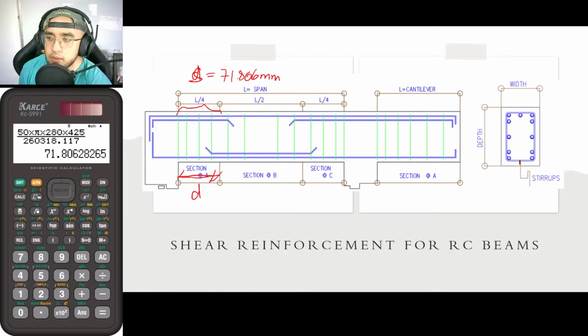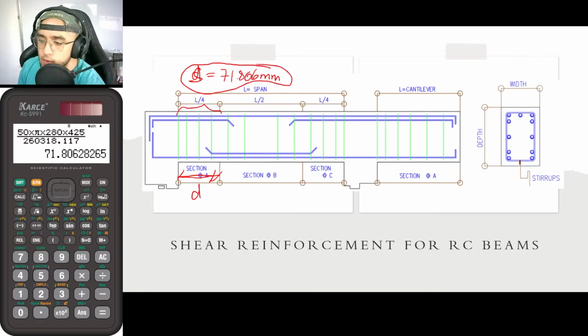However, if you would be drawing the details of the plans, this is kind of illogical, because if the steelmen would be installing those rebars, I think they do not have a vernier caliper to plot 0.806 of a millimeter.